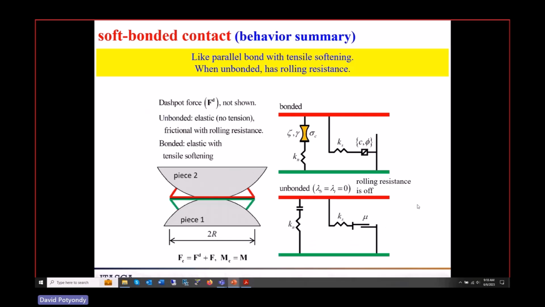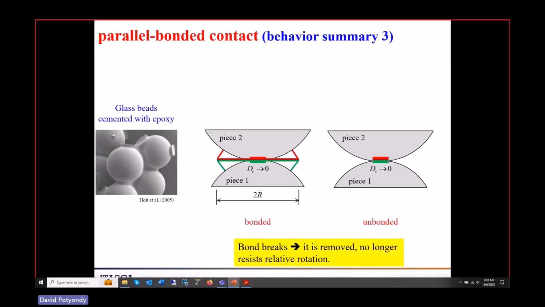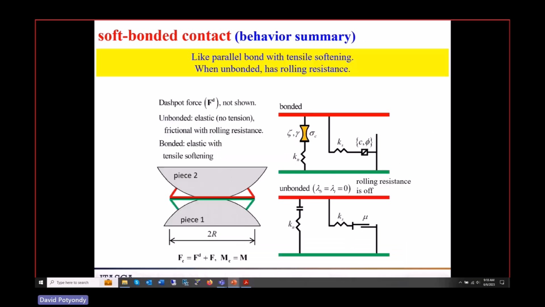Now there is another type of model. If you have the parallel bond model, instead of just having it break instantly, you can have it do what's called softening. Think of it like this: it's bonded and now there's this softening. I showed this here in the normal direction; it can soften, meaning this is like viscous caramel.